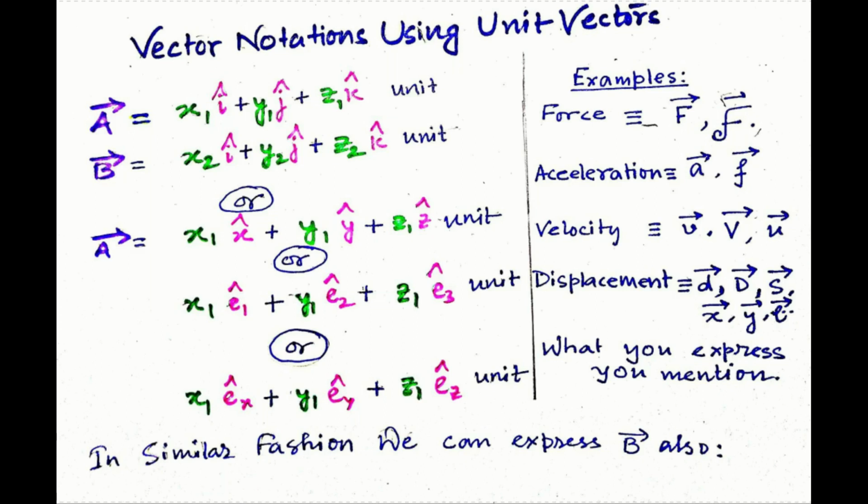If we want to add force with acceleration, that is not valid. Basically we have to add similar types of vectors. If you want to add a force, we have to add it with another force only. That's enough for today, and we will discuss that in the upcoming chapters.